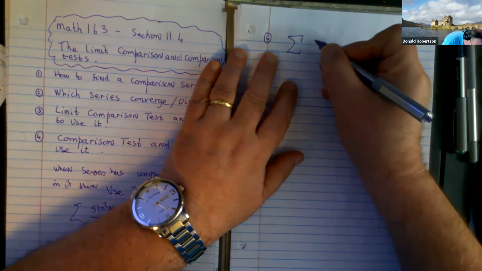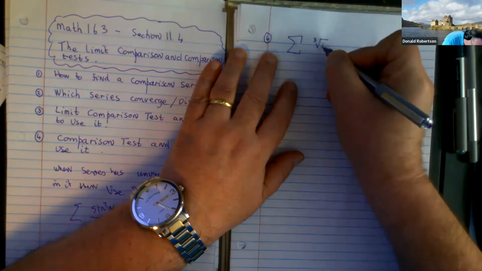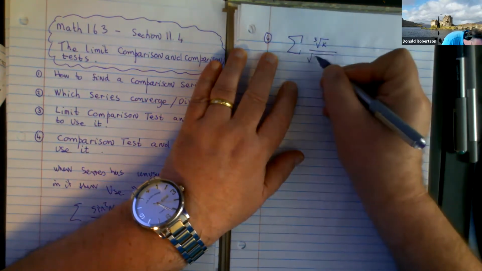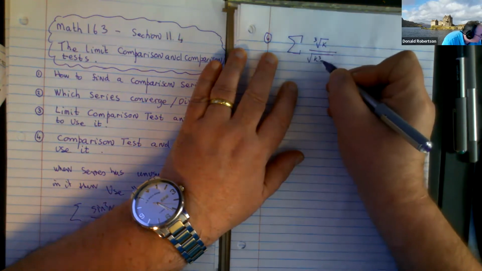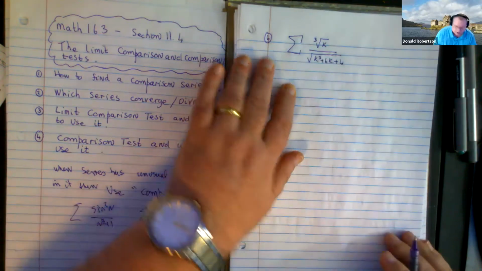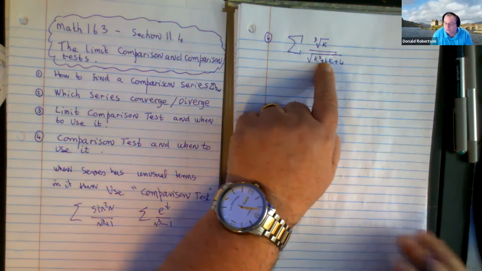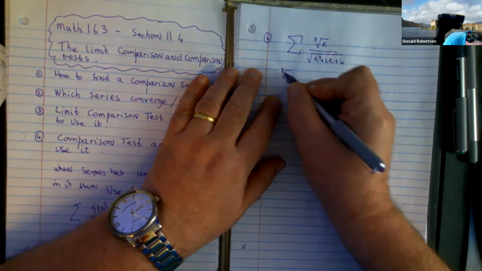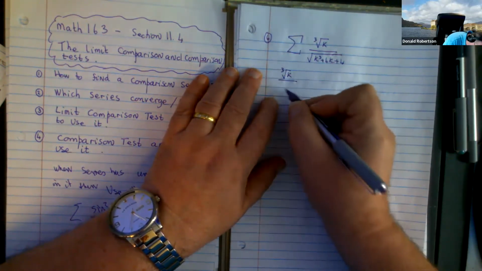This one is the cube root of k over the square root of k cubed plus 6k plus 4. And I want to prove that that converges or that diverges. We'll find out in a minute which it is. Let's do the find the comparison.